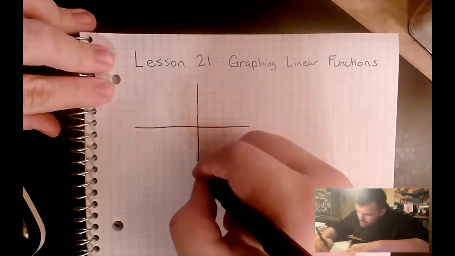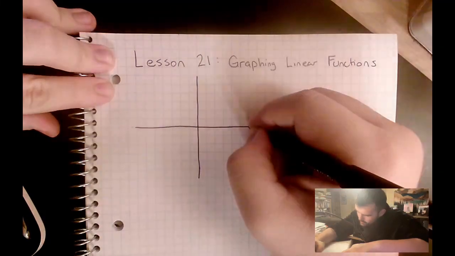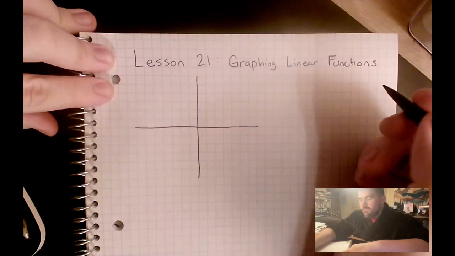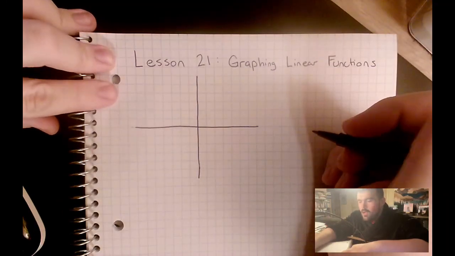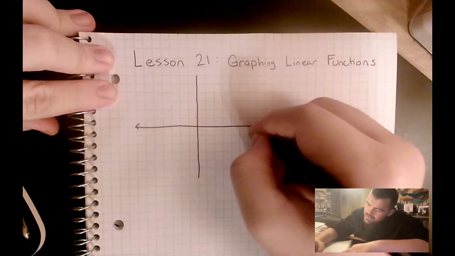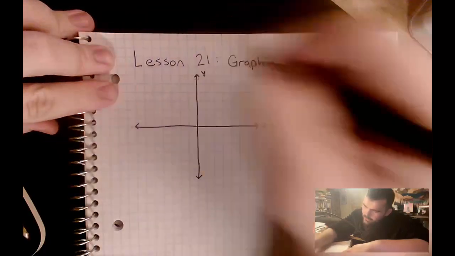Do the best you can to make it stick out in all directions about the same. If I had a ruler, it would have been nice, crisper lines, but it's okay. It'll be fine. So this axis is the x-axis, and this axis is the y-axis.